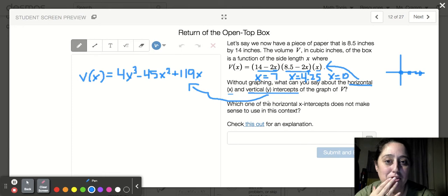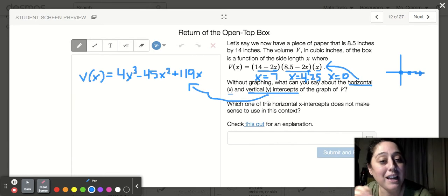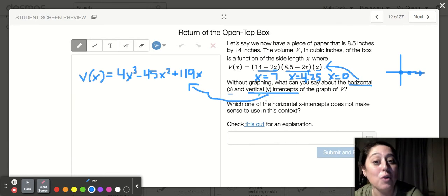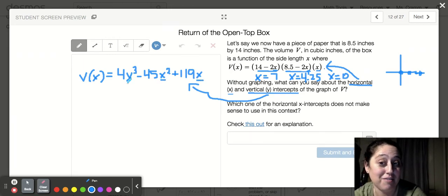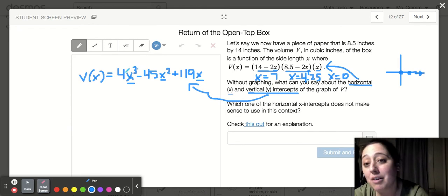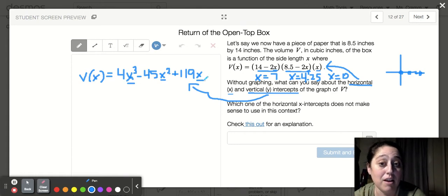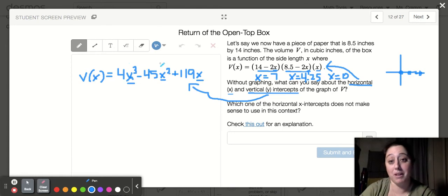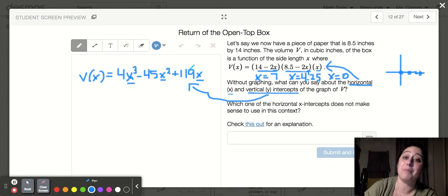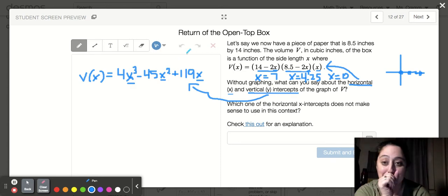Okay, cool. So now the y-intercept is a little bit tricky. Okay, the y-intercept happens when all of your x values are 0. Okay. So 0 to the third is 0 times 4 is 0. I'm getting a lot of zeros. When I replace all of these x's with 0, then I'm going to have 0 minus 0 plus 0, right?